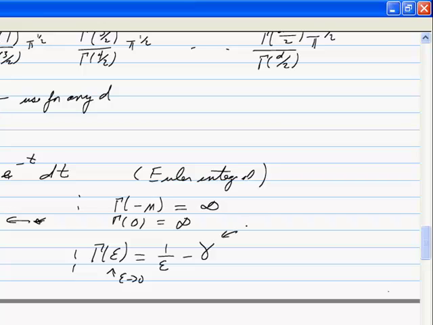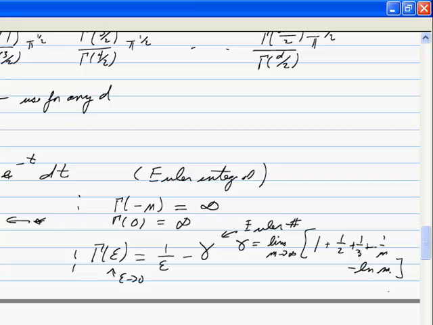And that lowercase gamma is the Euler number, which is the limit as m goes to infinity of the sum 1 plus 1 over 2 plus 1 over 3 up to 1 over m, minus log m.